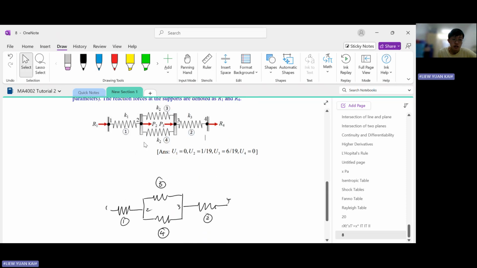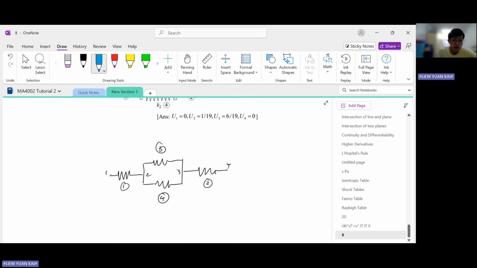Okay, so let's focus on spring 1. Spring 1, we have this node. First let's deal with the nodal displacement. So this is labeled U1, and then node 2 has a corresponding displacement of U2. Node 3 has a displacement of U3, and finally node 4 has a nodal displacement of U4.